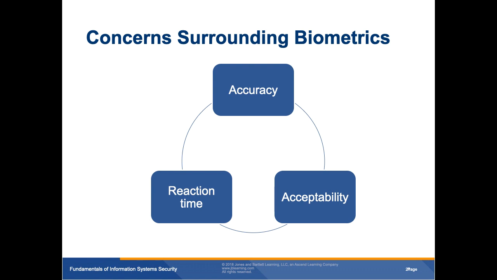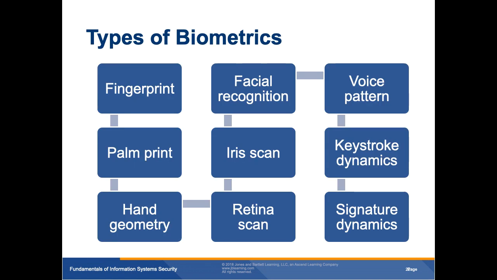Reaction time and acceptability, right? So acceptability, they may or may not be legally bound, or compliant. And then what do you do with the data? Do you store that biometric data? Somebody's fingerprints or voice print, and how do you handle that? Those are all some concerns.